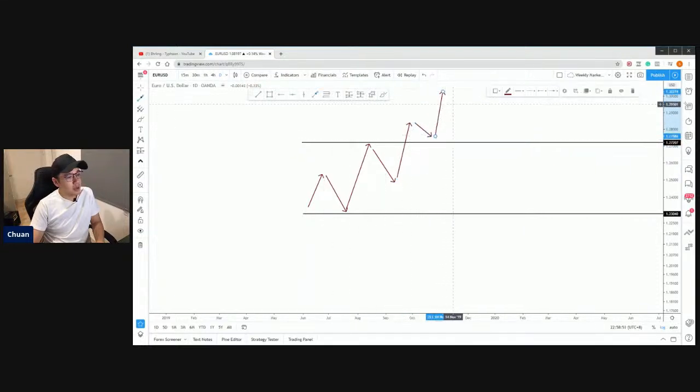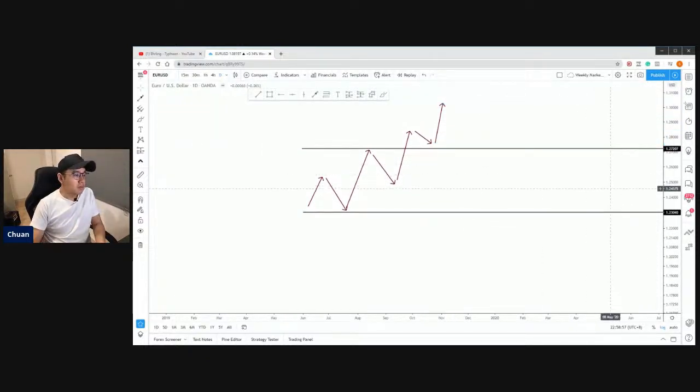The first thing is that we have to know what support and resistance levels do. If we look online or at any other education platform or materials, we know that a level of support is a level or a zone where most people will be buying.